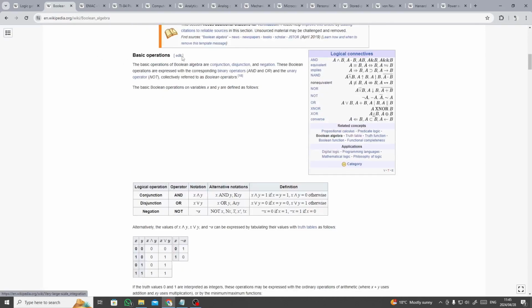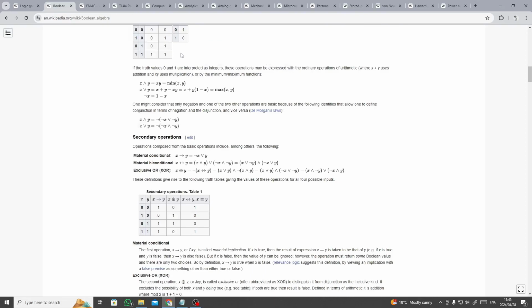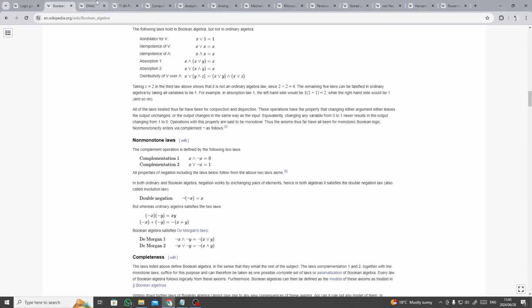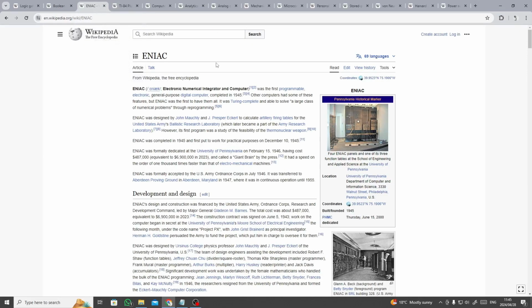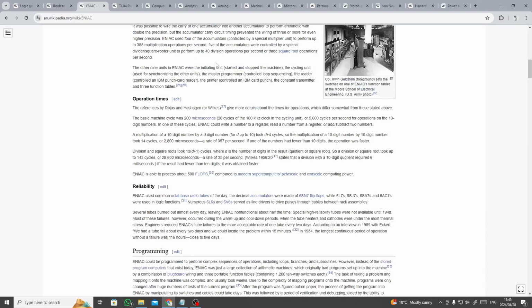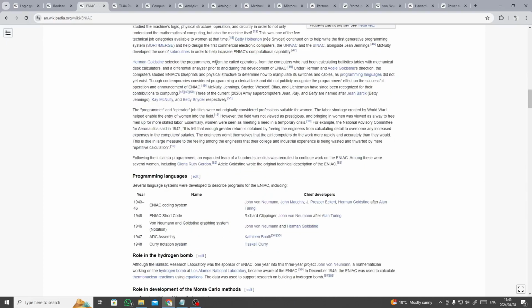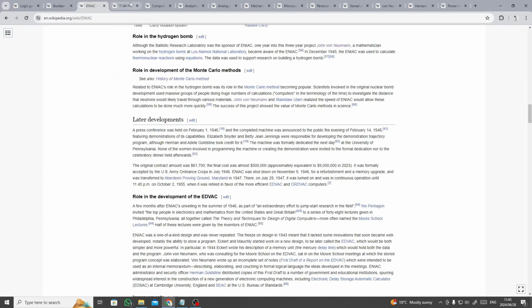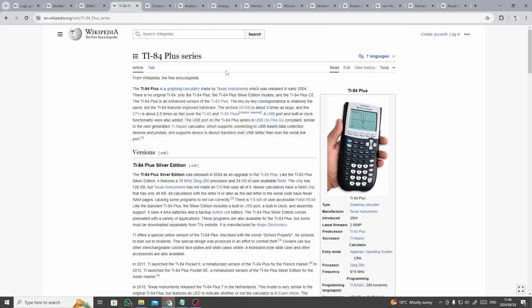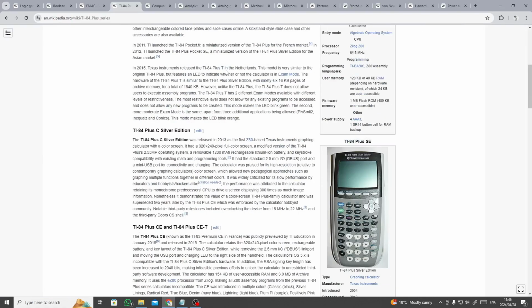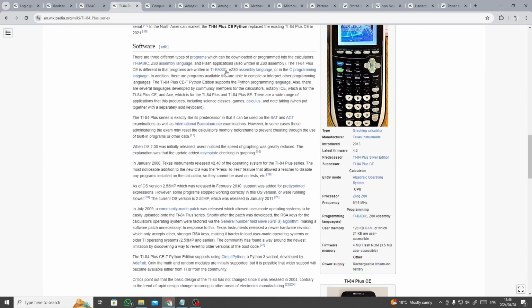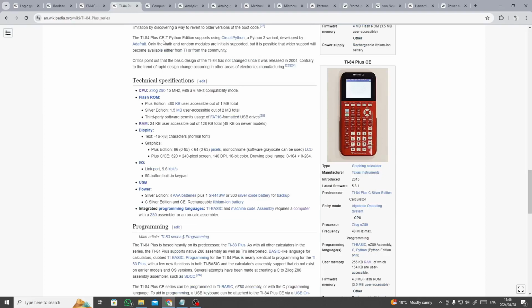Boolean algebra provides the framework for computational logic and the arithmetic framework for computation with transistor states. ENIAC. The first reprogrammable computer. TI-84 Plus series calculator chip. Texas Instruments handheld programmable computer using microscale electronics.